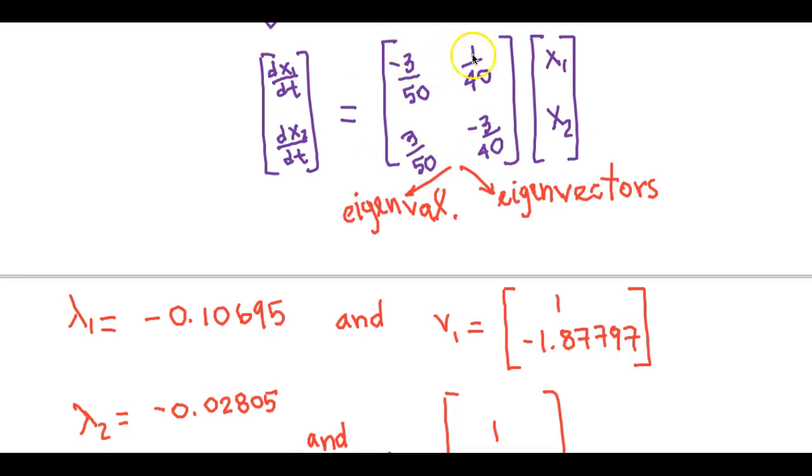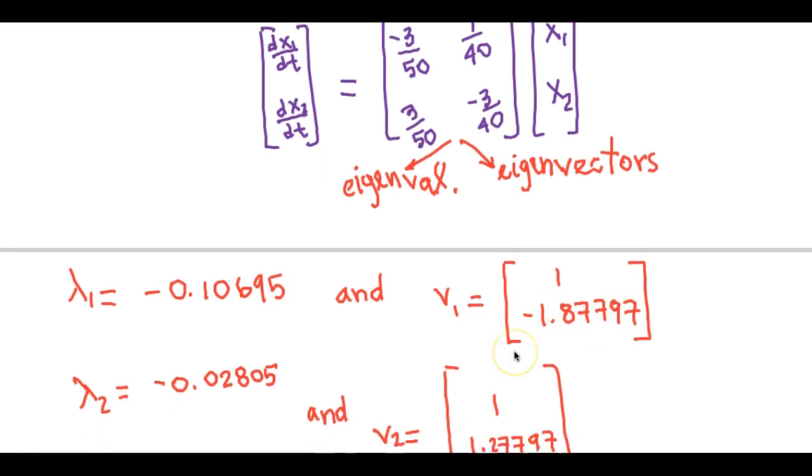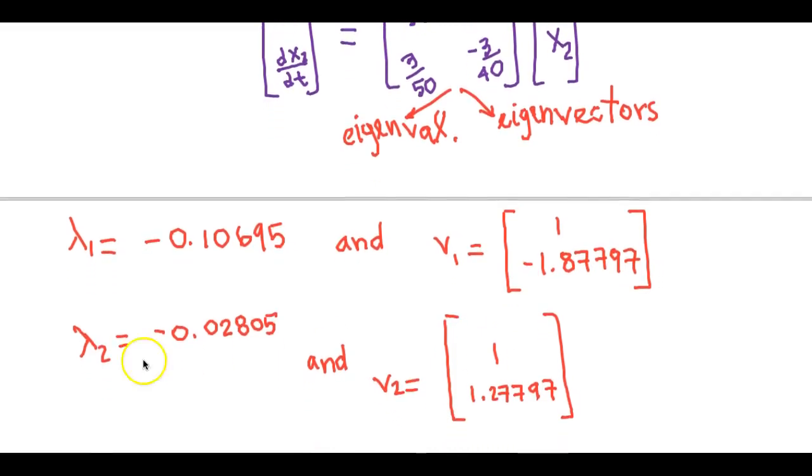For this 2x2 matrix, one eigenvalue is negative 0.10695, and its corresponding eigenvector has two entries, one and the second entry minus 1.87797. Similarly, lambda 2, the other eigenvalue, is also negative, minus 0.02805, and its corresponding eigenvector is 1 on the first entry and 1.27797 on the second entry.